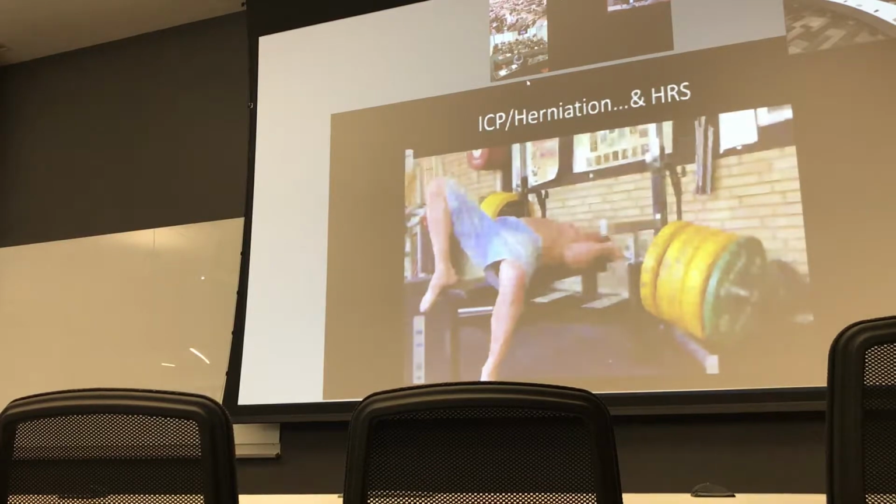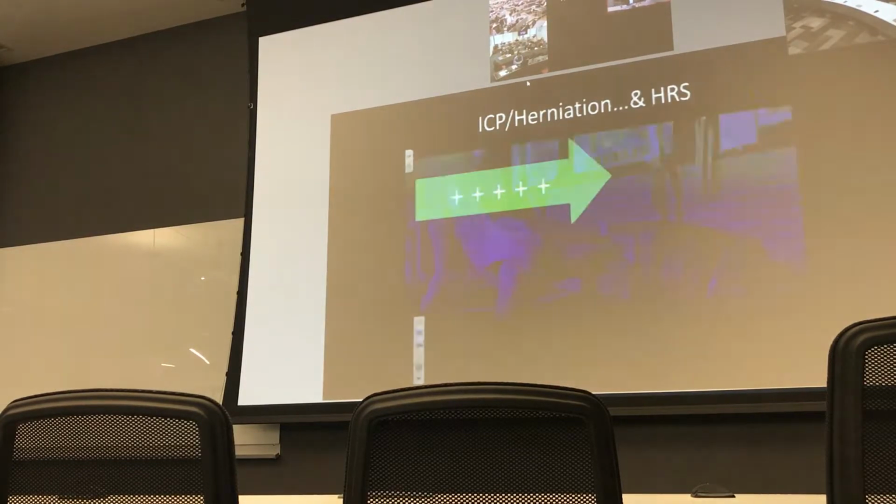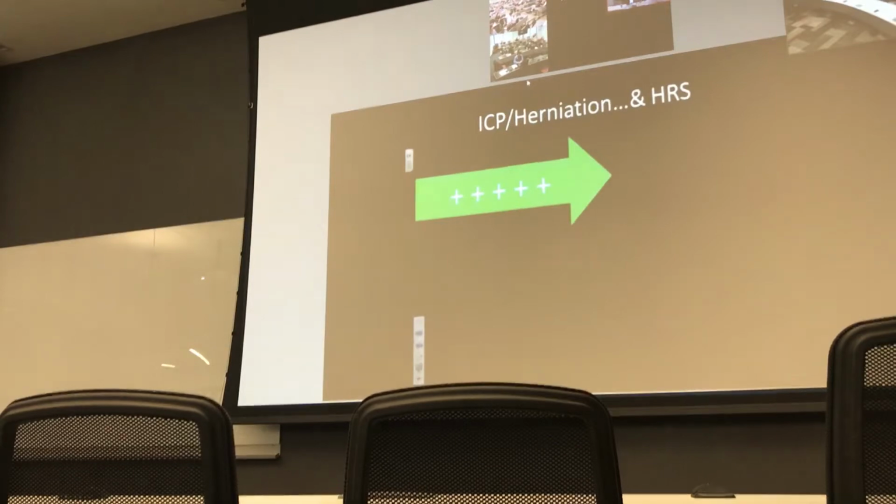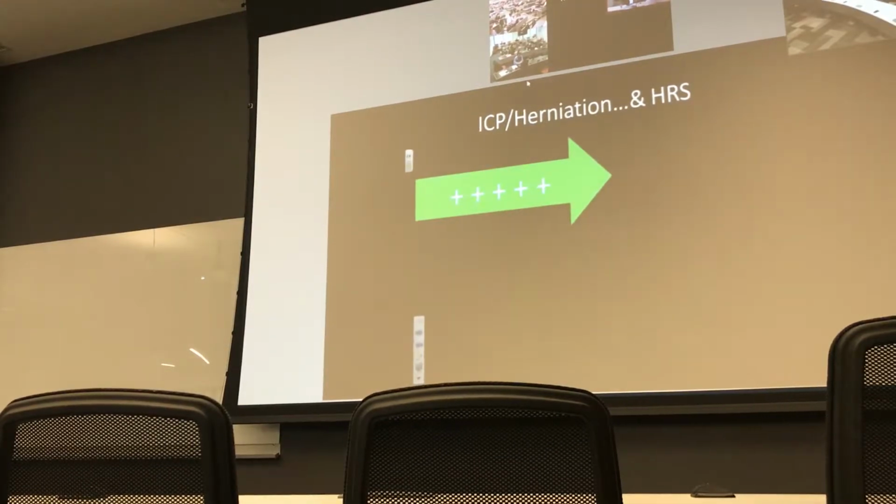So when you're choosing between fluids and pressors in a patient who has elevated intracranial pressure, the physiology is very similar to hepatorenal syndrome. If you look at this guy struggling in the gym, I think y'all have seen this before. Let's say this arrow with these 5 pluses is the patient's mean arterial pressure. They have a pressure generated from their heart to perfuse some organ, in this case their brain or maybe their kidney.